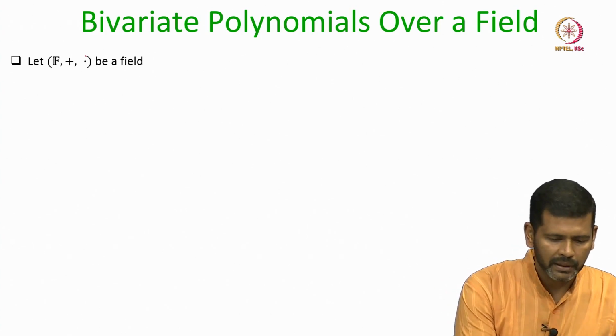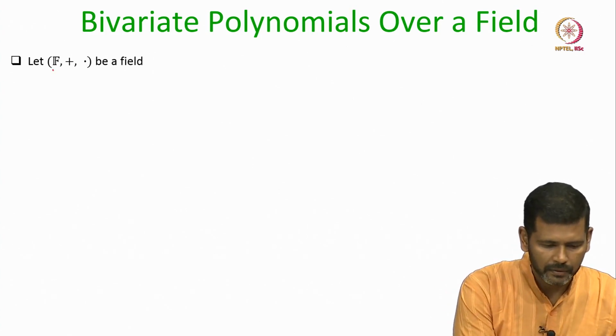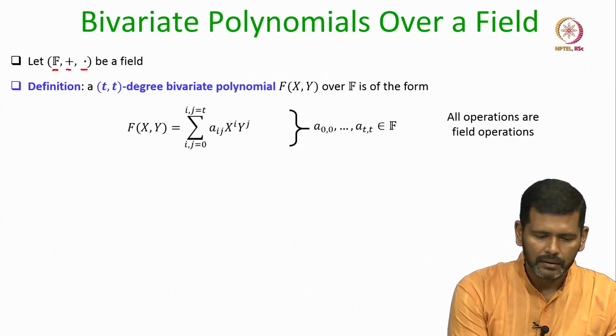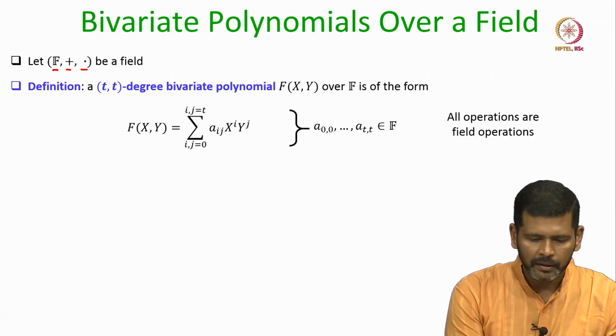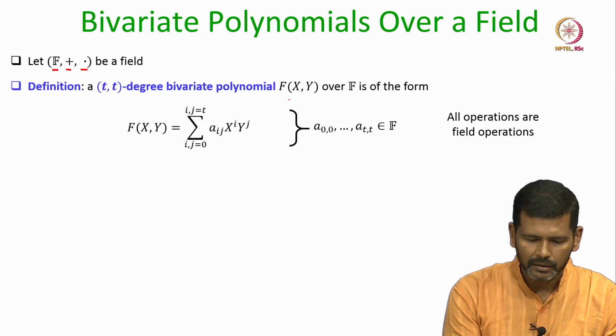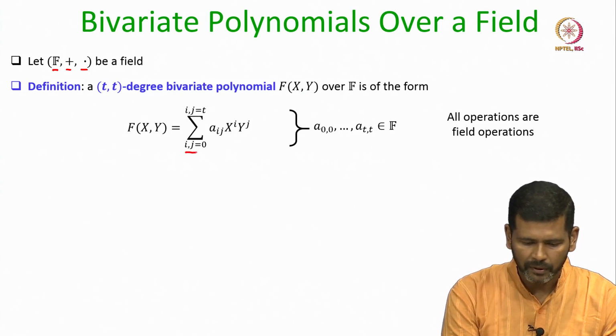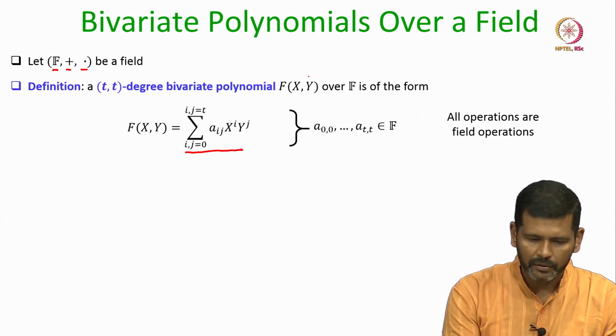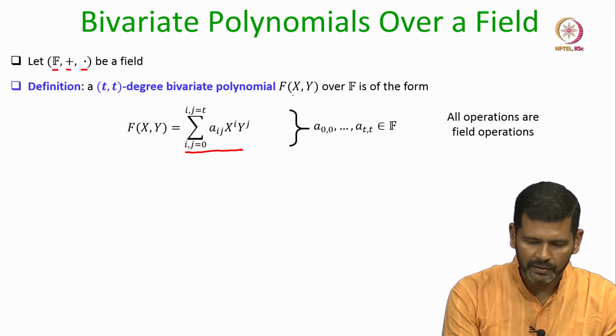Imagine you are given a field F with the plus and the dot operations, then a t degree bivariate polynomial over the field is of the following form. It is called bivariate because it is a polynomial in two variables, say x and y.